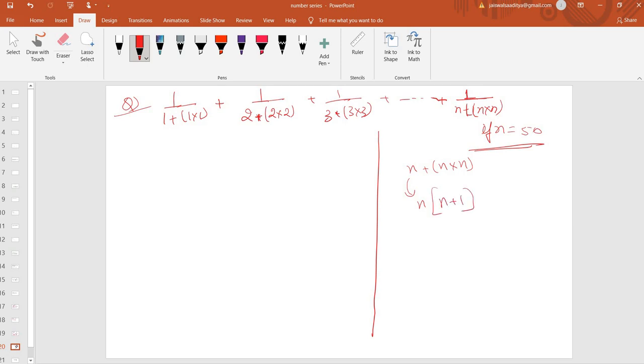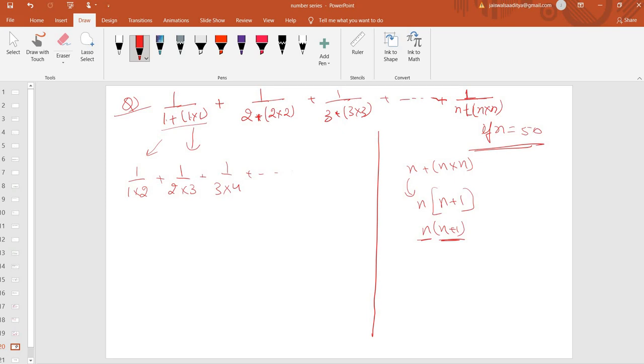Correct. So n into n plus 1 means a number and the next number. So you can write it as 1 into 2 plus 2 into 3 plus 3 into 4, like that. If you solve this also, you will get this. 1 into 1, 1 plus 1, 2.